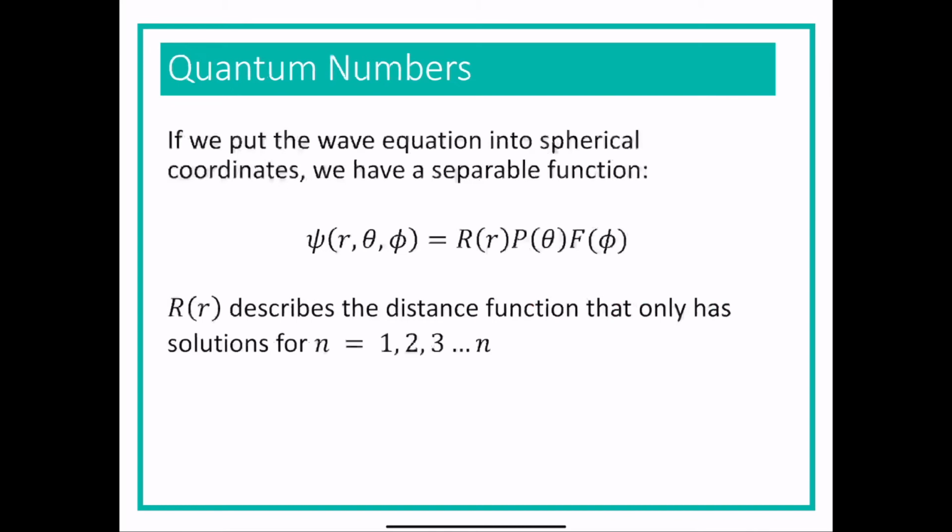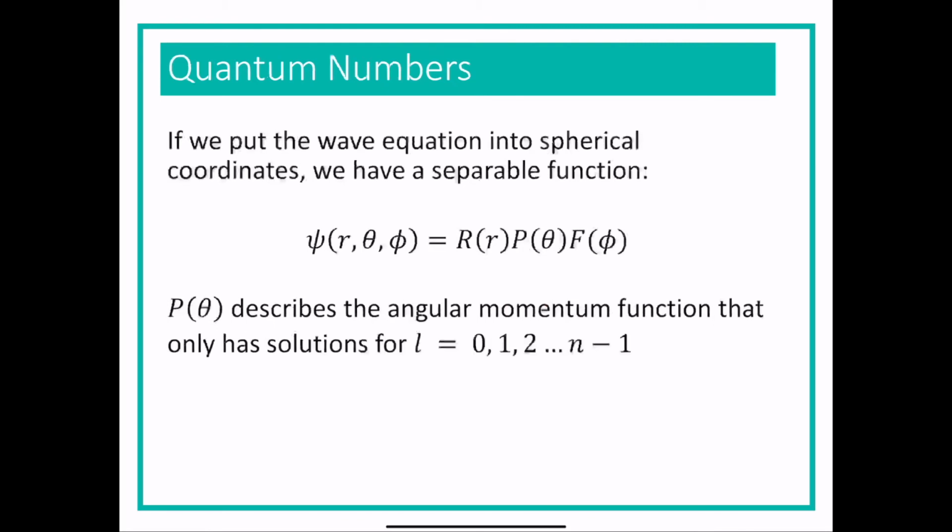So R of r is how far the electron is from wherever it is. And that only can be solved for n equals 1, 2, 3, and so forth. So that value is going to just be the distance. The P of theta is the angular momentum as it's moving around wherever it's moving.